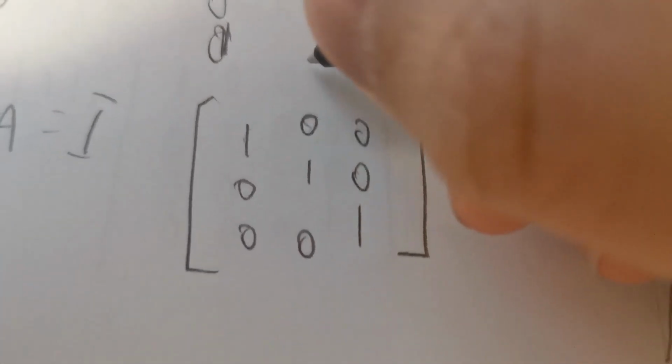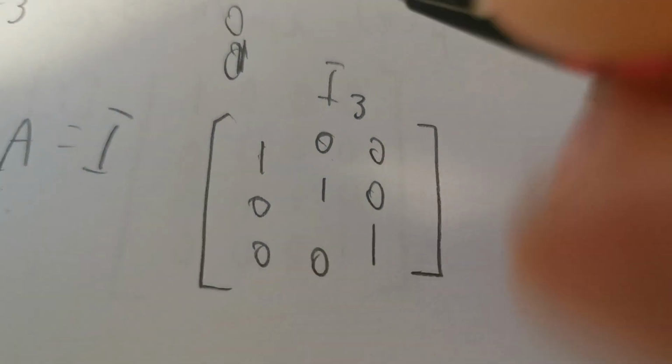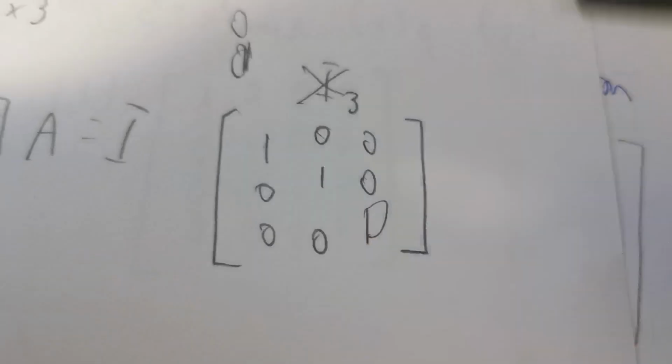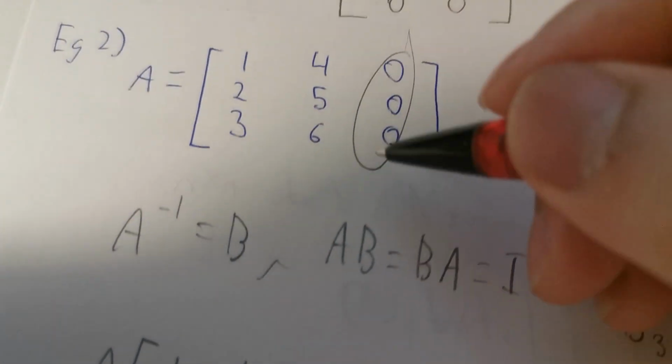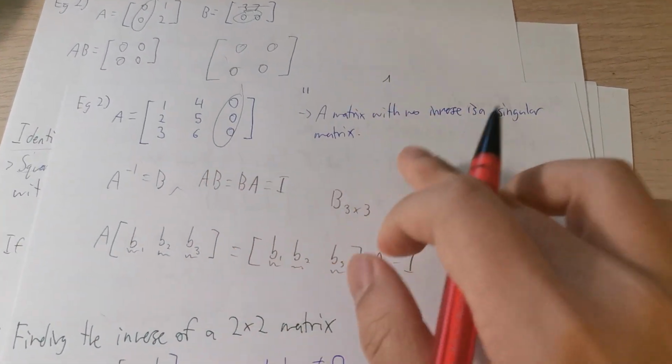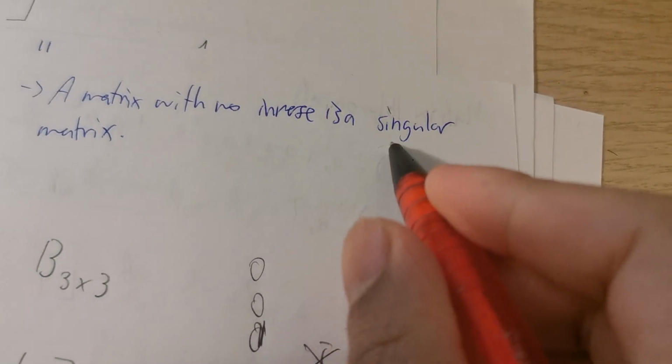It has to be in this very specific shape. This is the identity matrix. If this one is a 0, then it can't be an identity matrix. So when you have something like this, whether it's on the column or the row, that matrix is singular. It can't have an inverse.